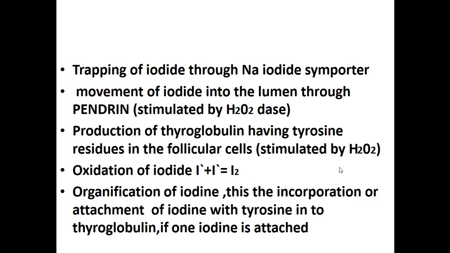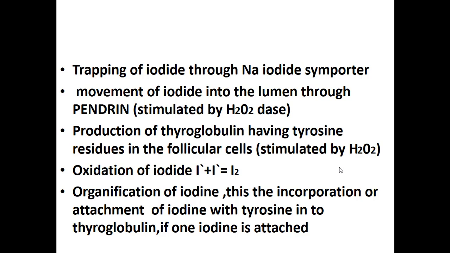It is called the trapping of the iodide. I will see later on in detail. Then the movement of the iodide into the lumen through a pendrin. Pendrin is a protein which acts as a channel through which all these iodides move, and it is stimulated by an enzyme which is known as hydrogen peroxidase.